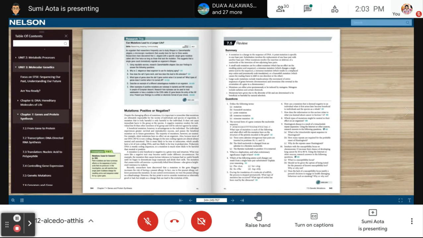Both classes finished up the mutations. Okay, I'll take those up in class tomorrow.